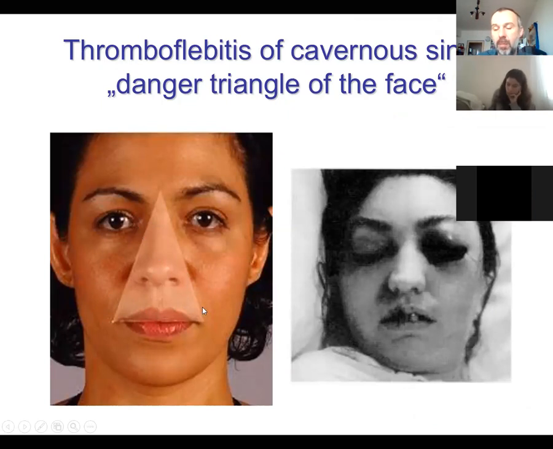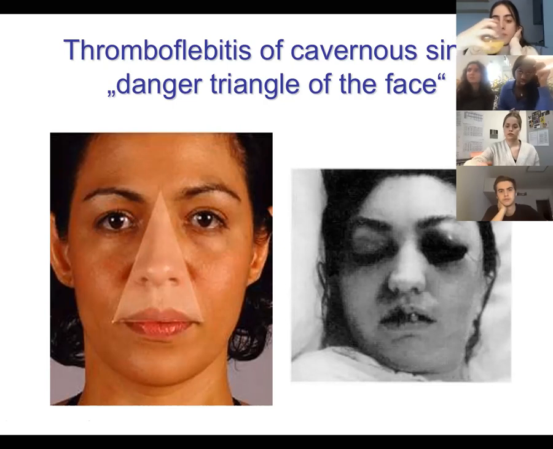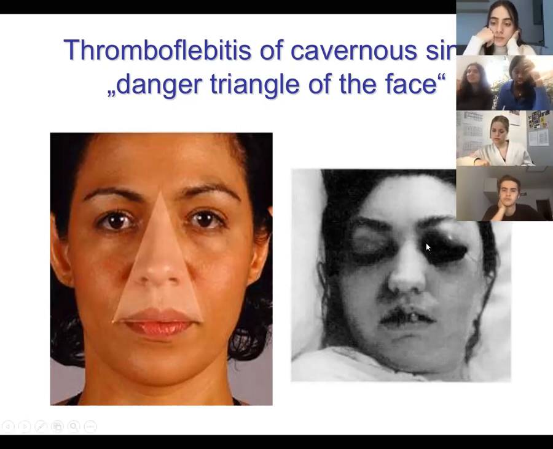It can cause thrombosis of the cavernous sinus. And as you can see on the right figure, there's a large swelling of the eye and eyelids. It's because of the blocked drainage via the superior ophthalmic vein. And it can, of course, cause death if untreated.